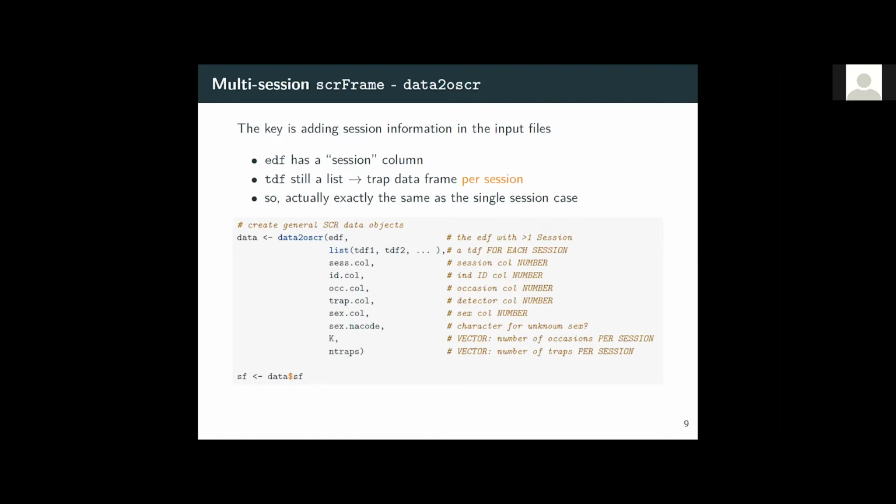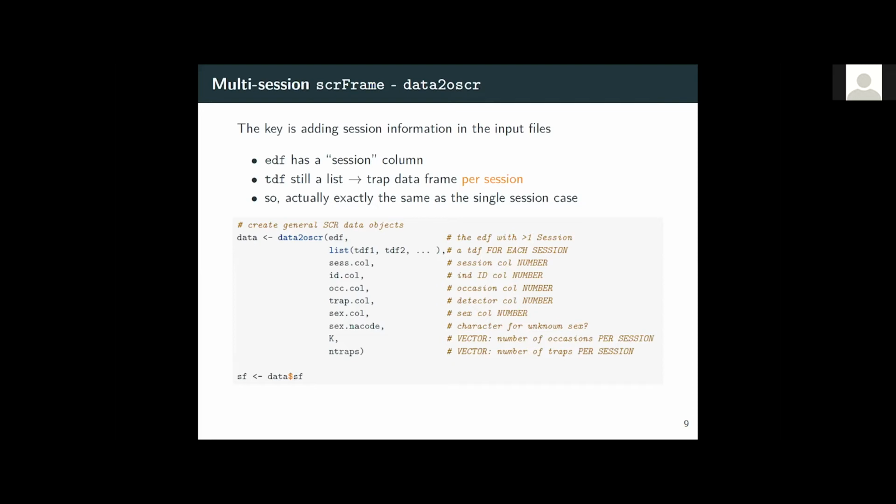So our multi-session EDF is just the same object, but with session-specific EDFs bound on top of one another, or appended on top of each other. And then we always have the session column, so we're going to use that session column to identify which session these particular captures came from.